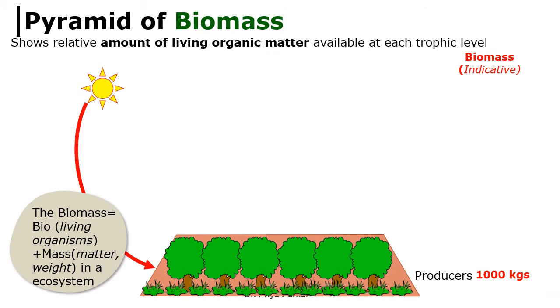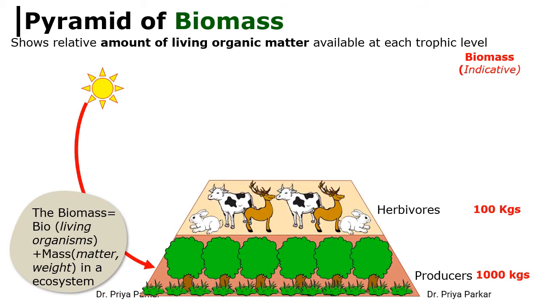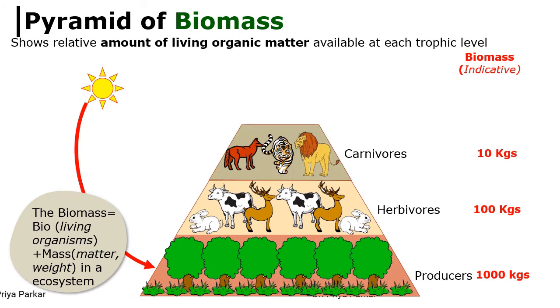Now, the third pyramid is the pyramid of biomass. The word biomass is made up of two words. Bio means living organisms and mass means sheer matter, or in simple words, it is just weight. In the biomass ecological pyramid, each trophic level takes into account the biomass produced by that trophic level.